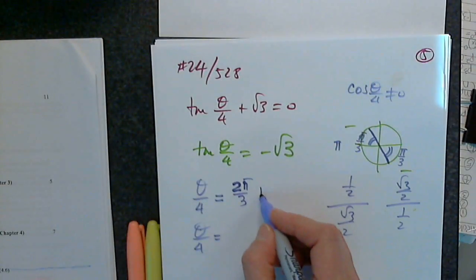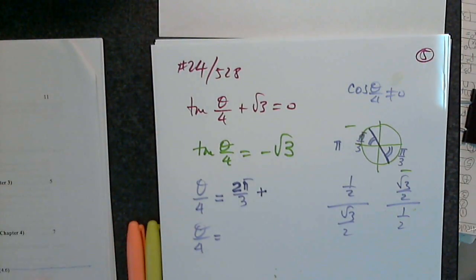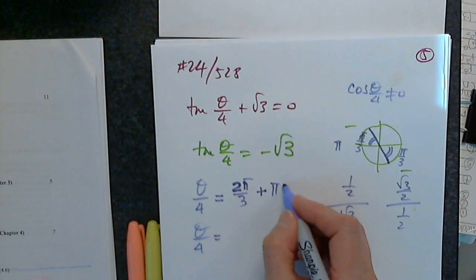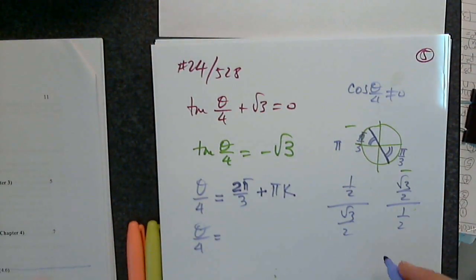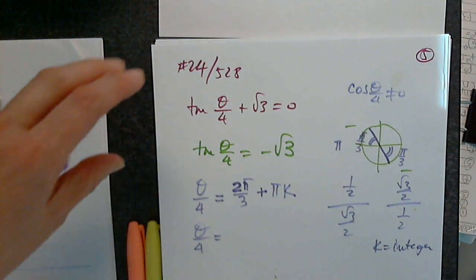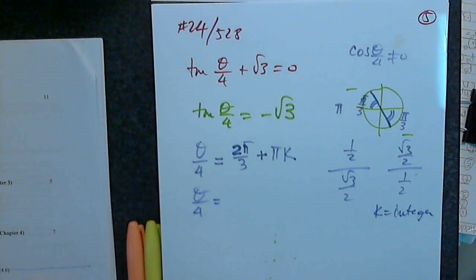Plus pi k. On the side, I write k integer. You don't have to write it more than once per problem, but you have to write it. Very good. I'm not done. I want the second angle, please.